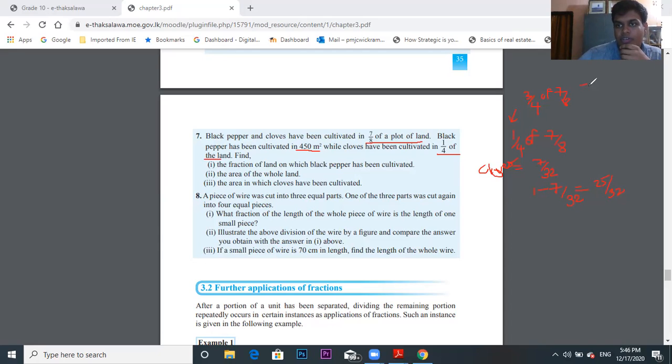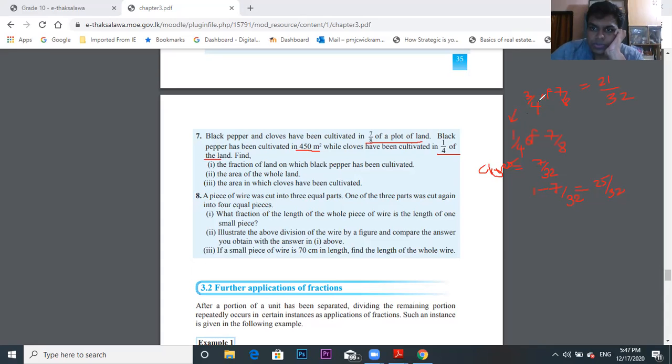This should give you 21 over 32. Wait, that can't be right. Where did we go wrong? Why is this wrong? Yeah, that's a very good question, because something is a bit wrong here.